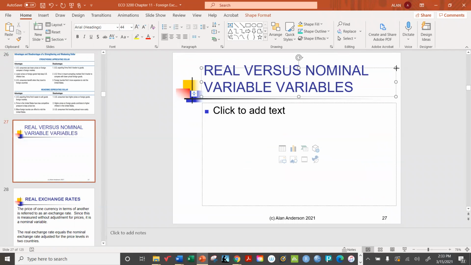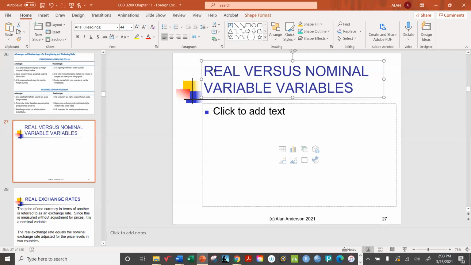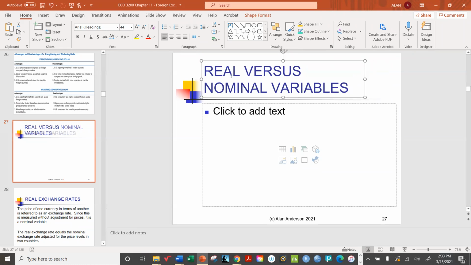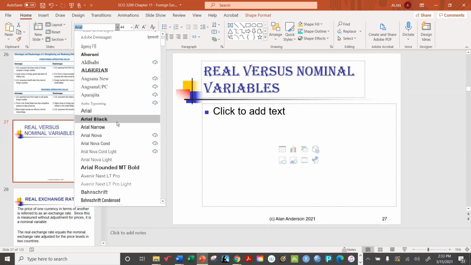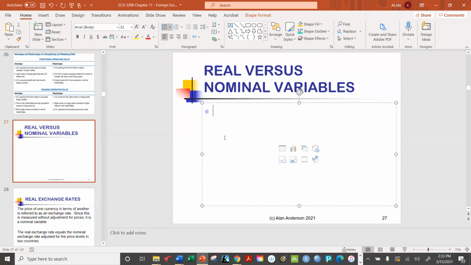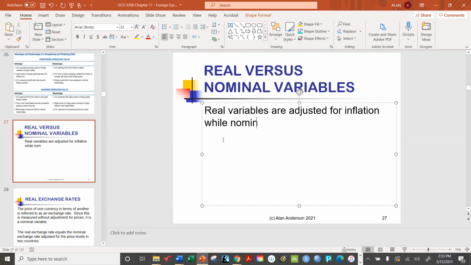Real versus nominal variables. We have to make a distinction in many cases in economics between these two ideas. And so what's different between them is that real variables are adjusted for inflation, while nominal variables are not.